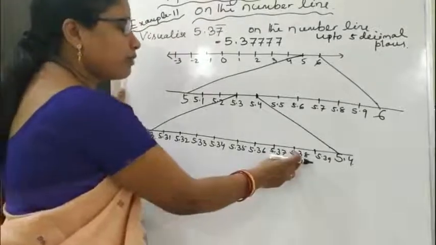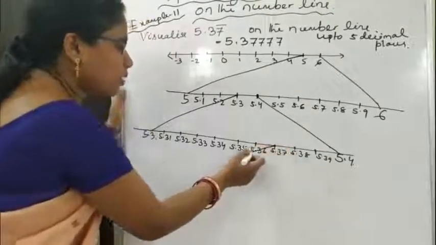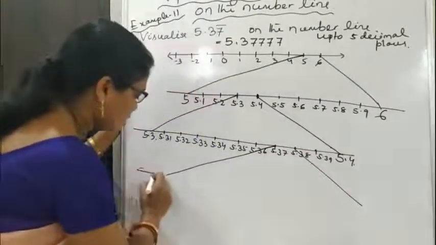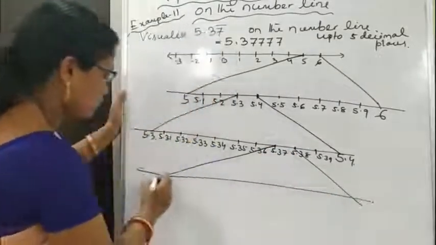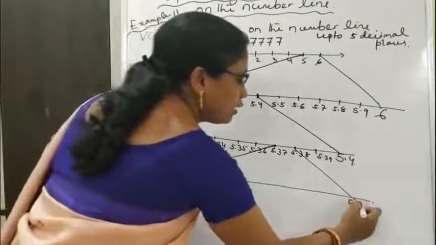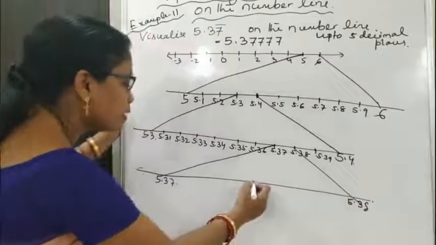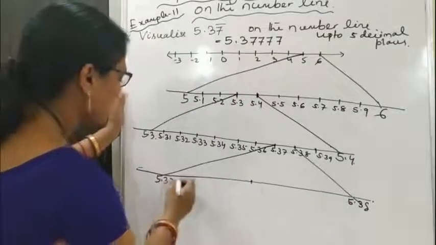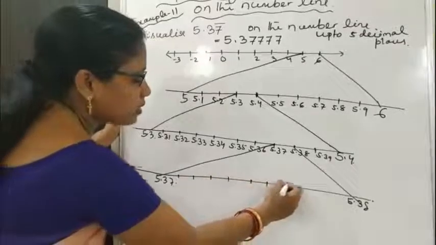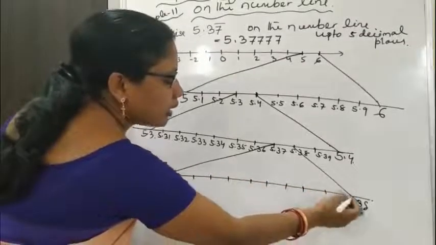Again we have to magnify this portion, 5.37 and 5.38, like this. So this is 5.37 and this is 5.38. We have to divide it into 10 parts. So this is 1, 2, 3, 4, 5, 6, 7, 8, 9 and 10.